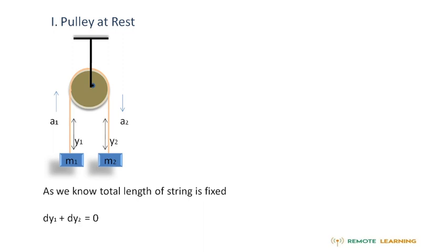On dividing this equation by dt, we get the derivative of y1 plus the derivative of y2, and that will also be 0. And these derivatives are nothing but the velocities of m1 and m2.